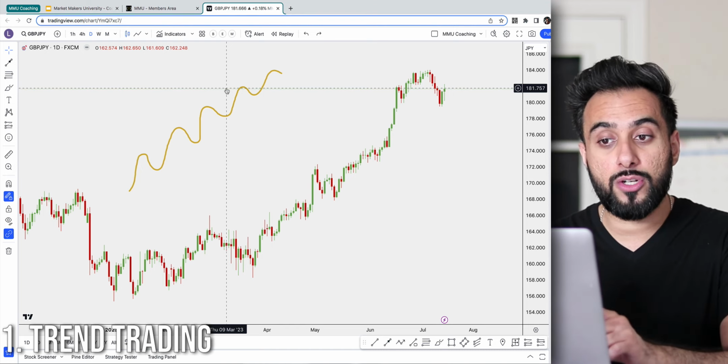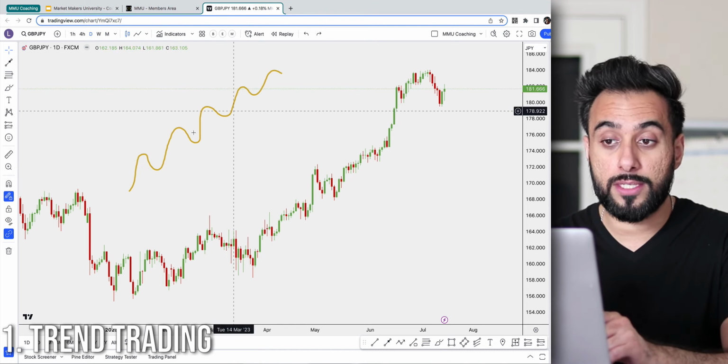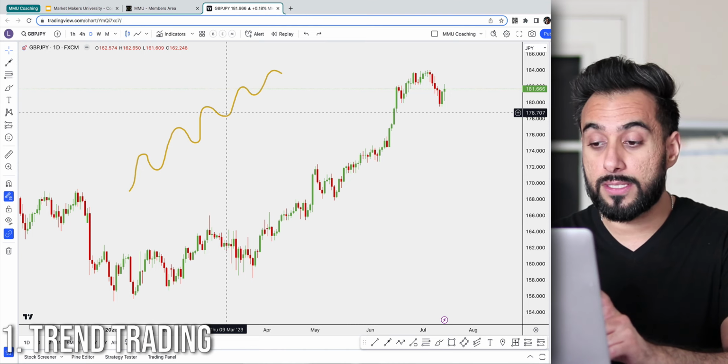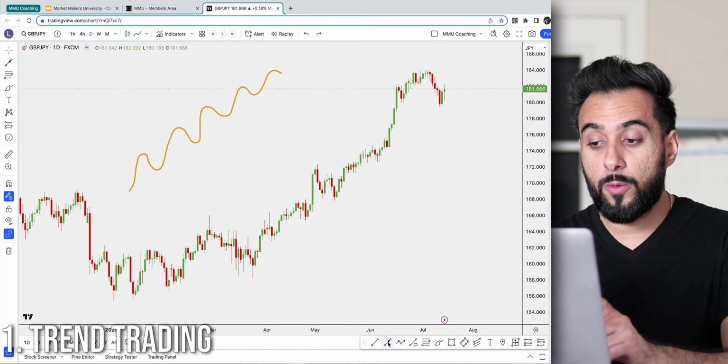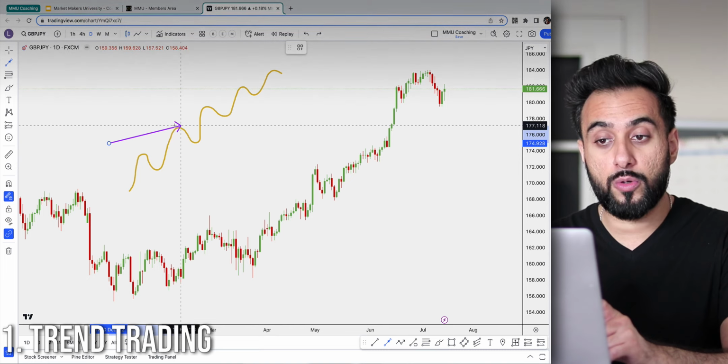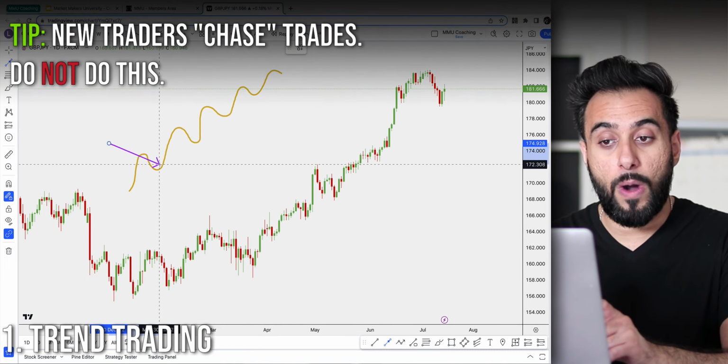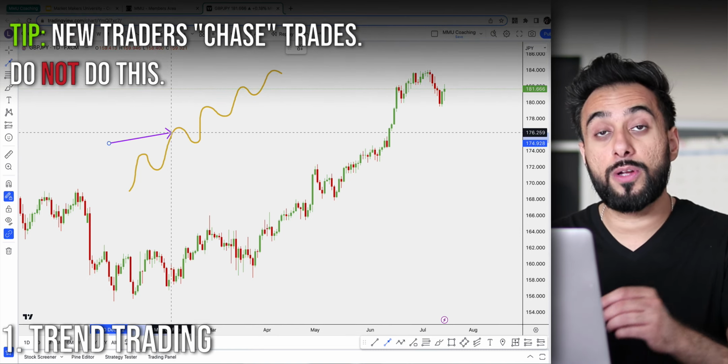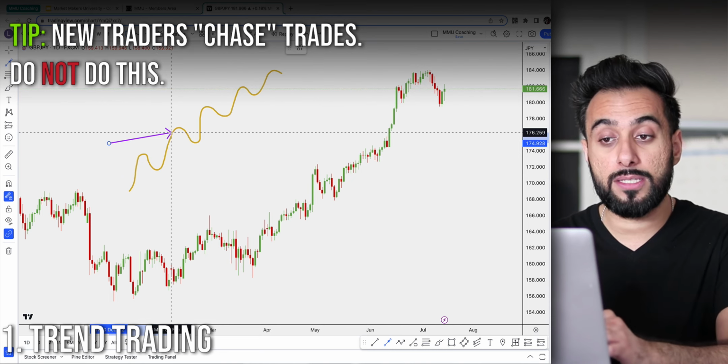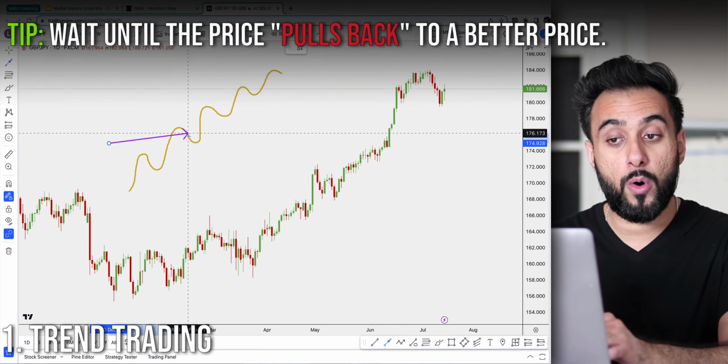So where would we enter on this trend here? The way we would want to do this is we wouldn't want to chase the trade and enter while the price is already moving up. We would want to wait until the price has exhausted and created what's called a pullback.